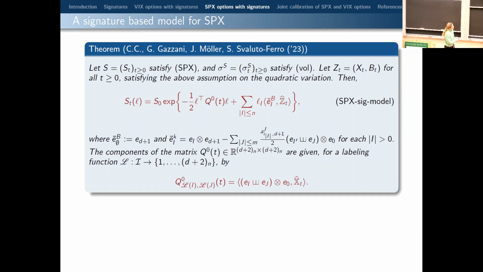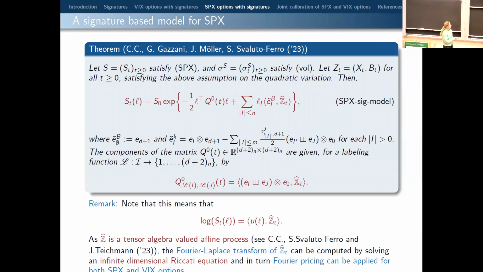I do not want to go into all the details here. This Q0 can be computed like that. You see that this depends again on the signature of X, and the Ls enter here quadratically and here linearly.